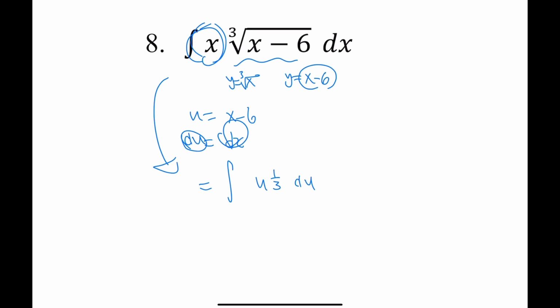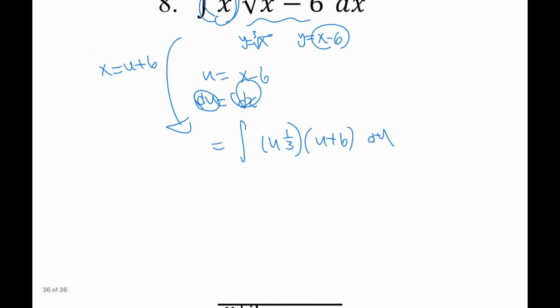So something needs to be done, and what you need to remember is that u is equal to x minus 6, so that means x is equal to u plus 6, right? So let's just plug in u plus 6 in the place of x, right? Okay. And then du, right?